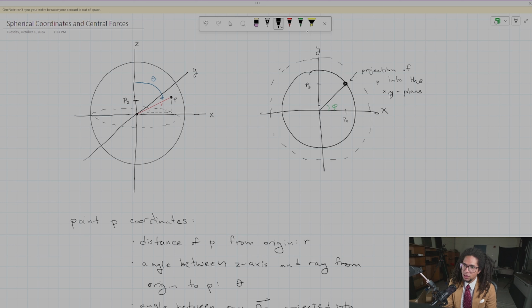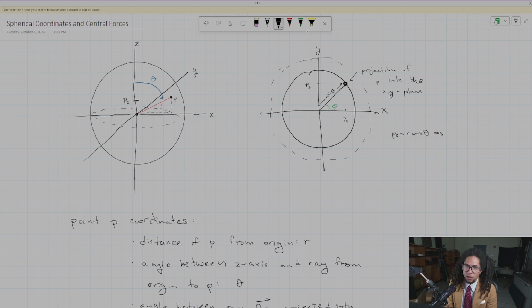These ones, so this length here, because there's an angle of theta between the z-axis and r, by some simple trig, you can figure out that this length is r cos theta, which means that Px is equal to r cos theta times the cosine of, I'm sorry, this length is r sine theta.